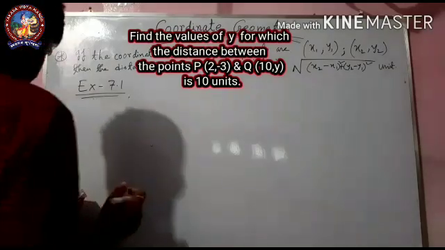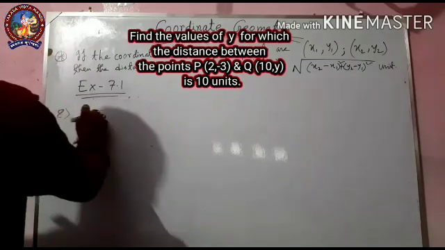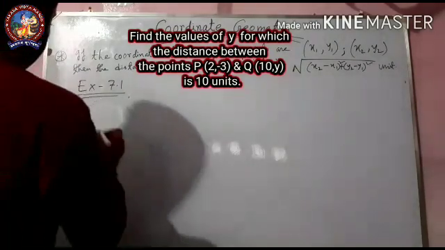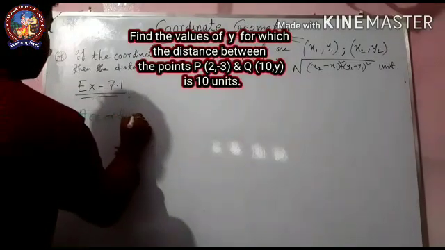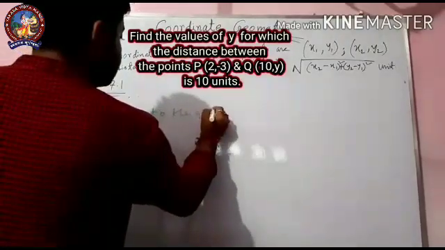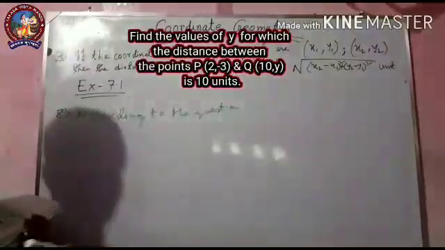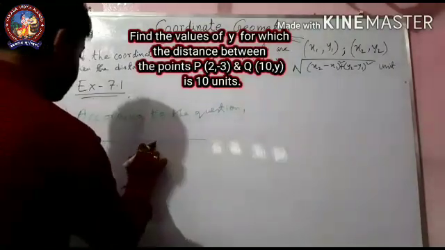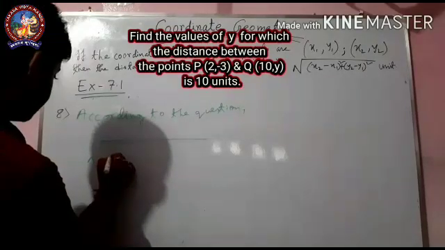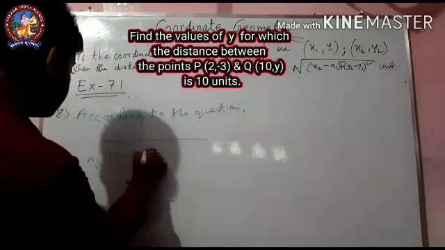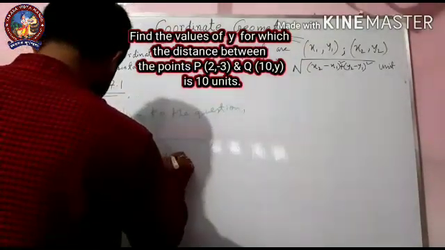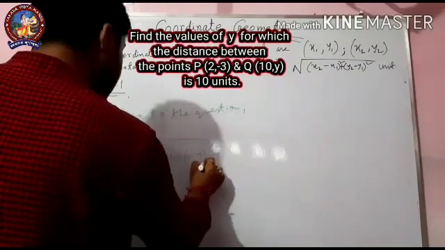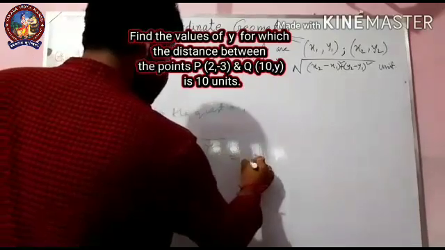Okay, so according to the question, applying the distance formula, that will be the square root of 10 minus 2 whole square plus y minus 3 whole square, that is 10 units.